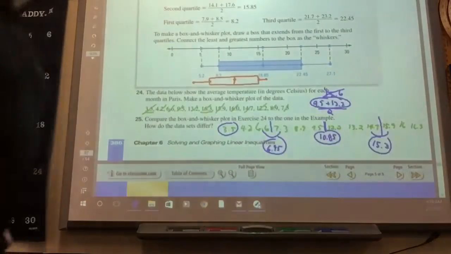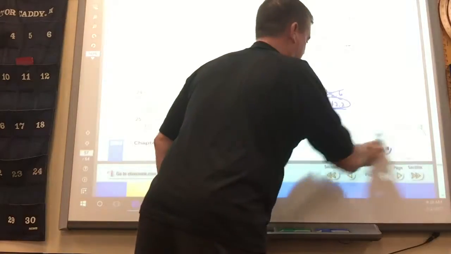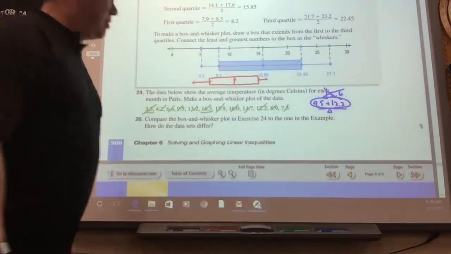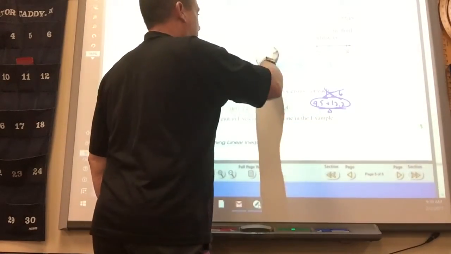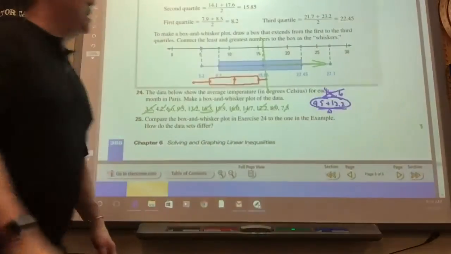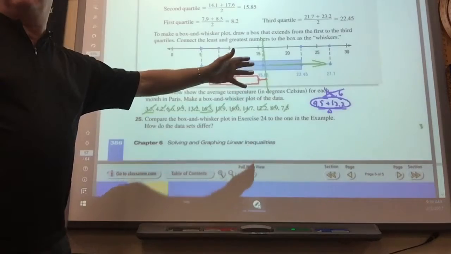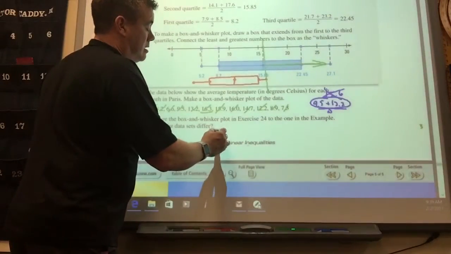So, to compare these two for number 25, the thing that stands out to me is right here, about half of the numbers are greater than all the numbers here. See how that works? So that's the biggest comparison, I would say.